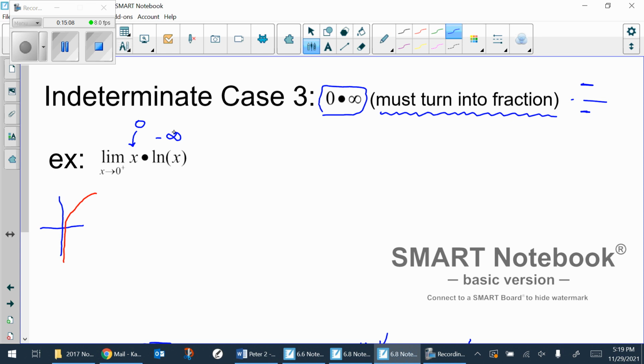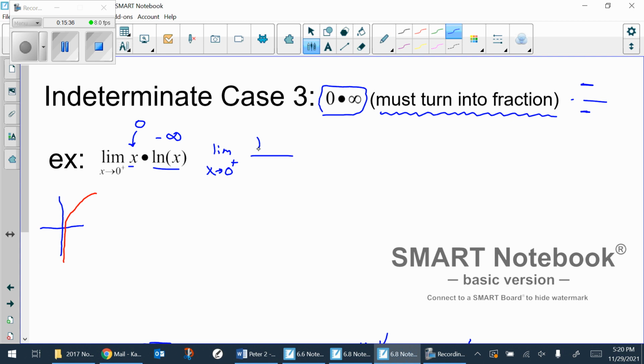So I got to turn this into a fraction. I got to take the limit as x approaches 0 on the positive side. And I got to put one of these guys on the bottom. But there isn't a real natural way to do that, like there was in the previous example. I got to form a fraction. Well, I'm going to show you how to do this, and hopefully this will be reasonable to you.